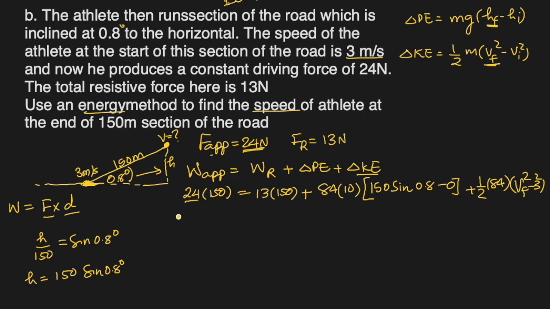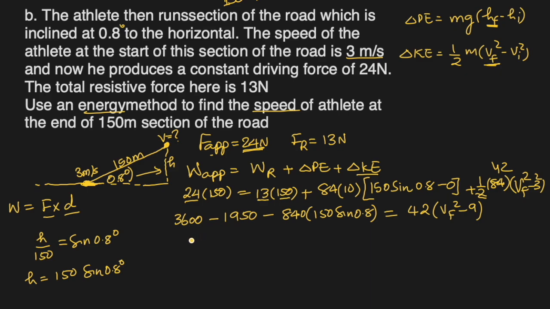So 24 times 150 is 3600, and 13 times 150 is 1950, but if I bring it to the left side, it will be negative. 1950 minus, and this plus will also become minus, so 840 times 150 sine 0.8, the 0 we can ignore, equal to, we can cancel this, 42, which comes out to be 109.23.